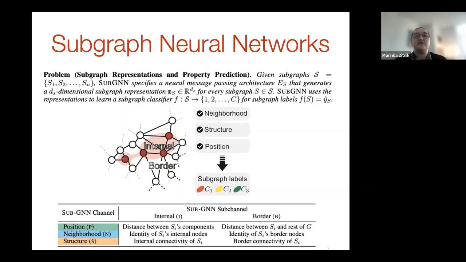And the way the subgraph neural network method does that, it generates d-dimensional subgraph representations by explicitly considering three distinct properties of subgraph topology that we have seen in the previous slide. Those are neighborhood, structure, and position.